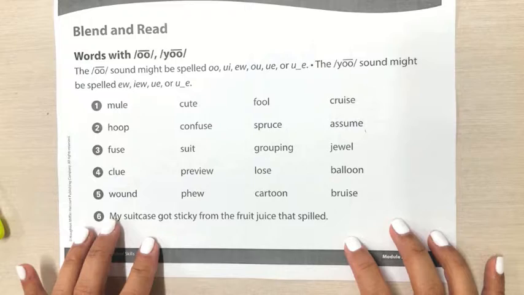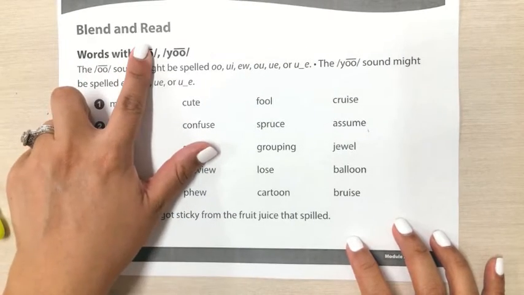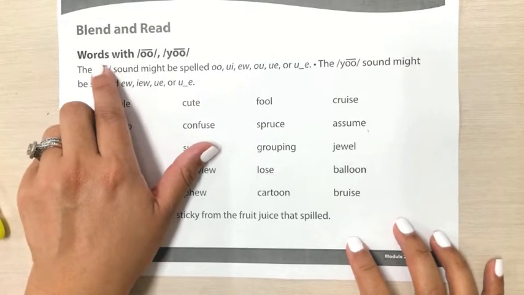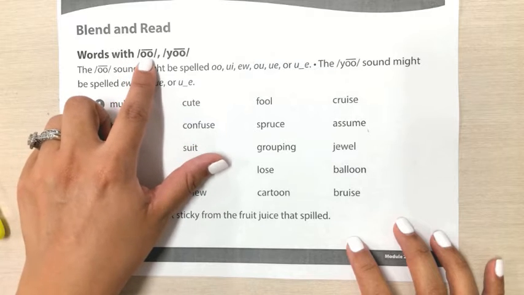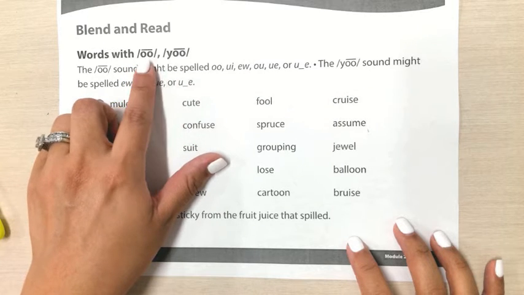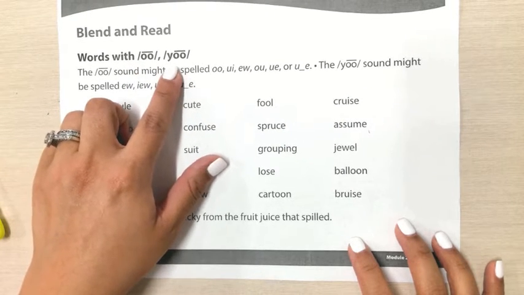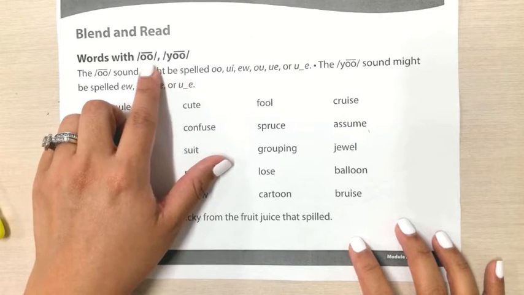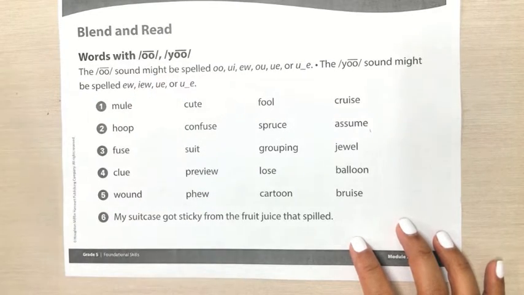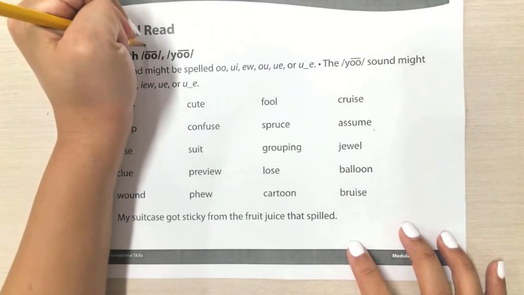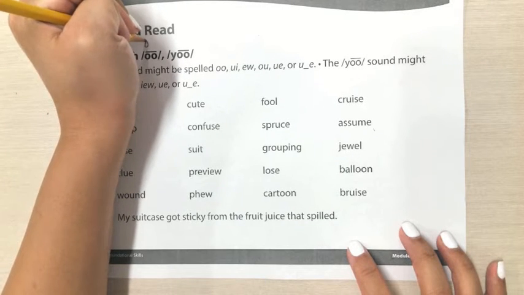We are now going to be working on our blend and read for Monday fluency. Words with the ooh sound. This one's going to be a little bit harder this week, so I'm just going to pronounce it up here.